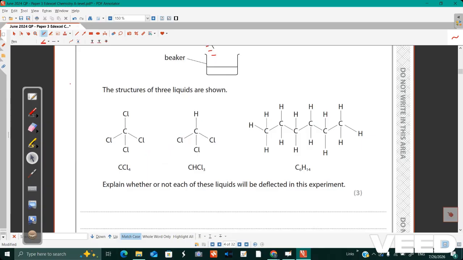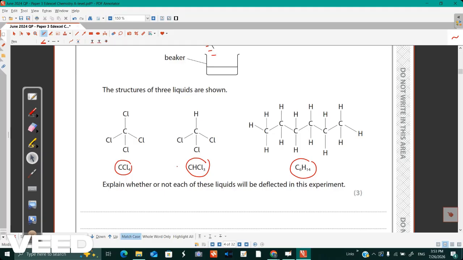So when you compare CCl4, CHCl3, C6H14, right? Between these three, this one is the one having a dipole moment. Why?